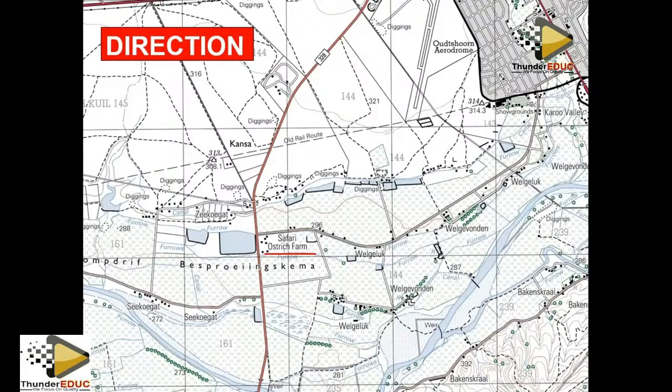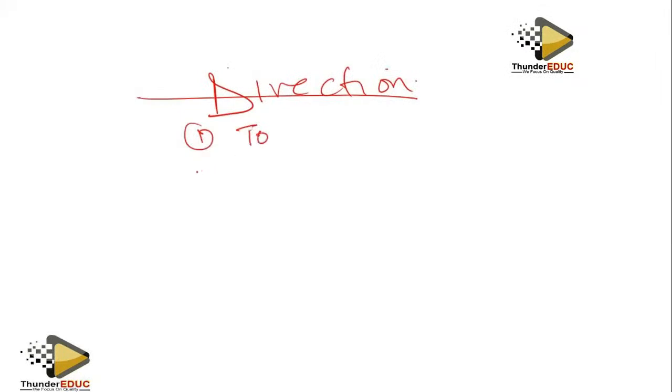Now, what is the direction of area A from area B? What is the direction of area C from area D? When you're looking at direction, there are two aspects that we must notice. Number 1 is to, and number 2 is from.